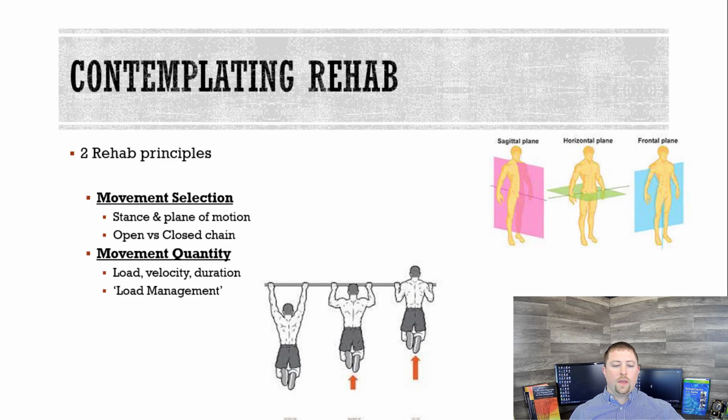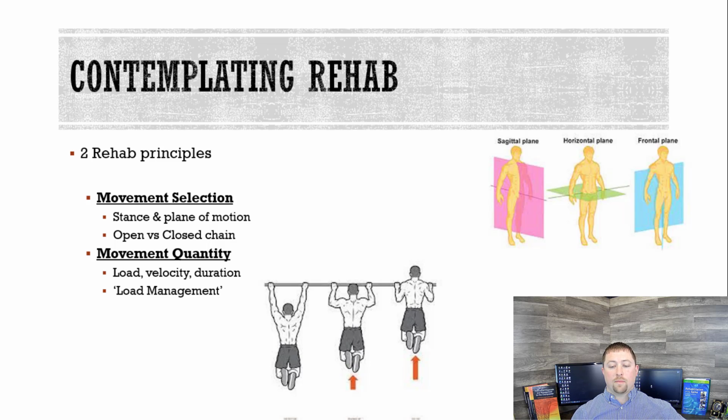Next, whenever you're thinking about starting a rehab process or rehab program for a certain area of the body, I like to think about two sort of principles. One of those being movement selection, right? What stance are you going to be in? What plane of motion are you going to be moving in?